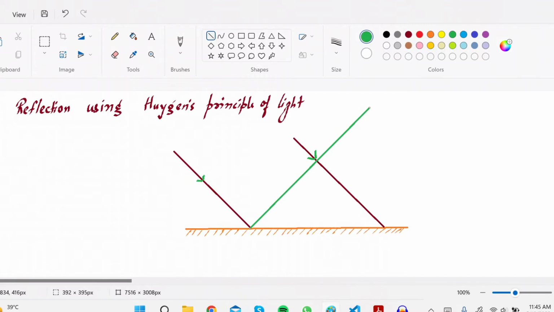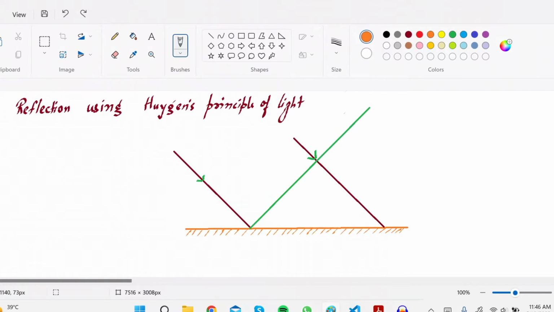So this is the last one, which is very important. And for the reflected rays, we will take the first wavefront. What is the angle between the rays and this wavefront? 90 degrees over here and 90 degrees over here. So just keep in mind these two basic concepts.